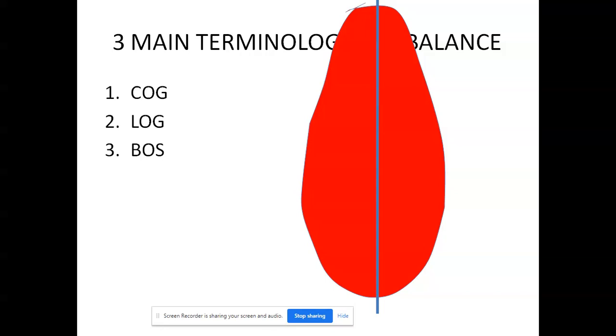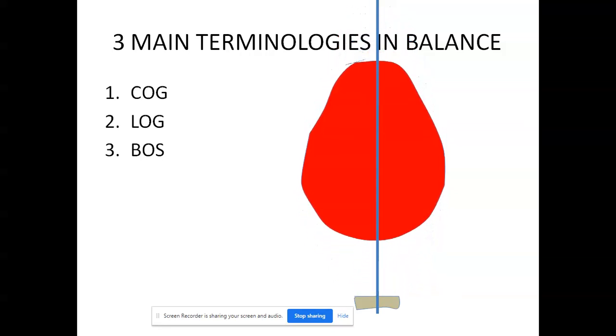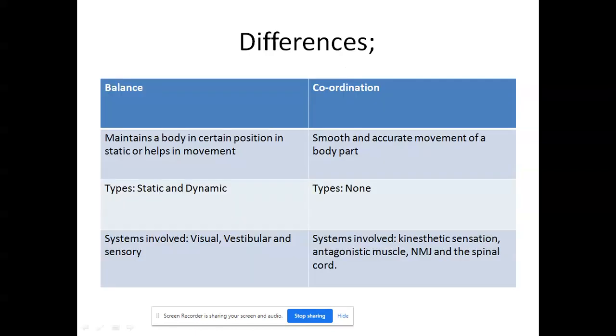Consider this to be your body and the blue line to be your LOG, that is your line of gravity. The body has good height, hence the BOS is very small for that body. When the body shrinks down, that is the COG comes closer to the BOS, definitely the body has a greater amount of BOS compared to the previous example.